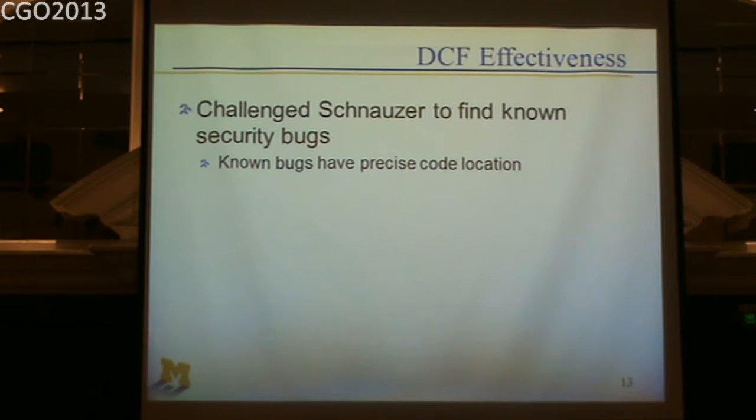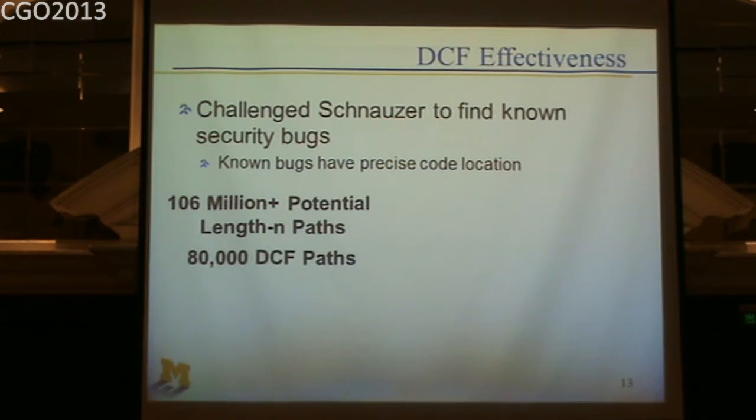It can be determined ahead of time what the sensitizing paths are for these bugs. We can then compare this to the known set of dynamic control frontiers for an application. The purpose of this was to determine whether these security bugs did indeed lie within the dynamic control frontier.